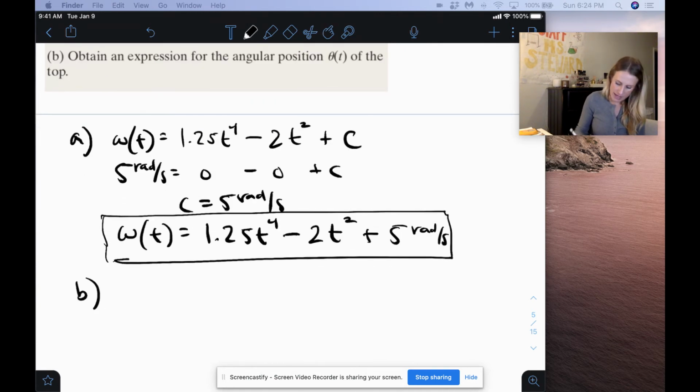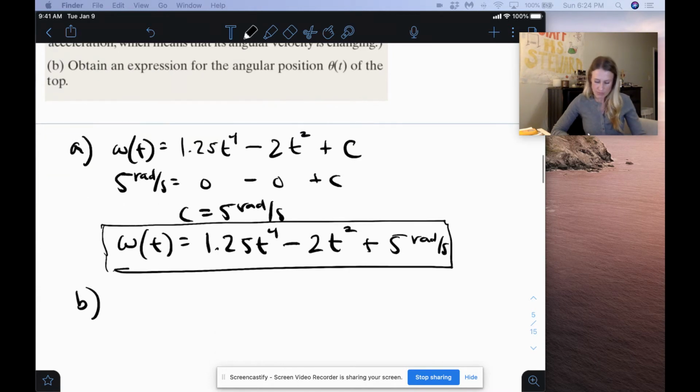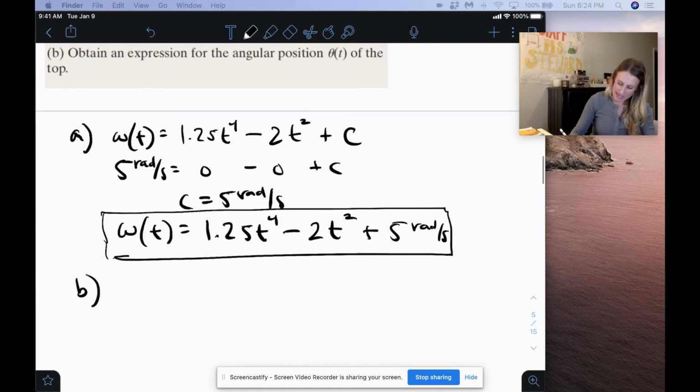Now for letter B, we want to obtain an expression for the angular position of the top. So remember, when we're going from velocity to position, again, we're just taking the integral. Same thing here. We take the exponent of the first term, 4, we add 1, and we divide 1.25 by that 4 plus 1, which is 5.